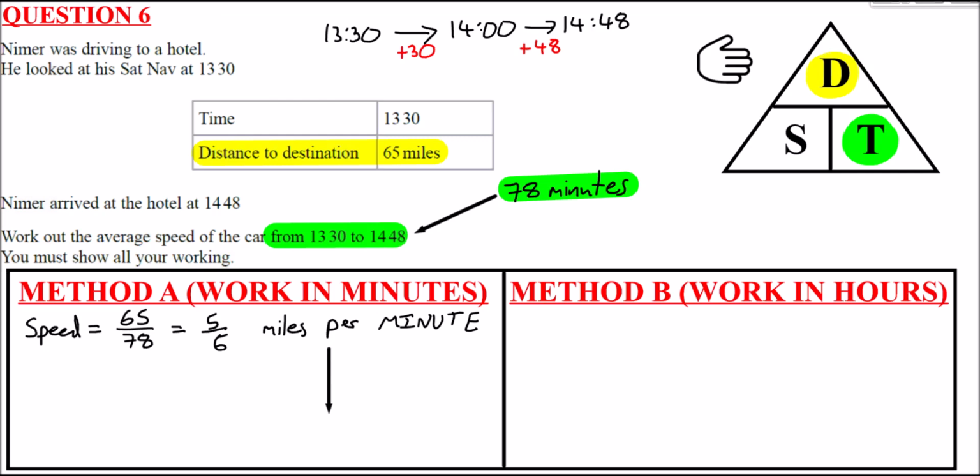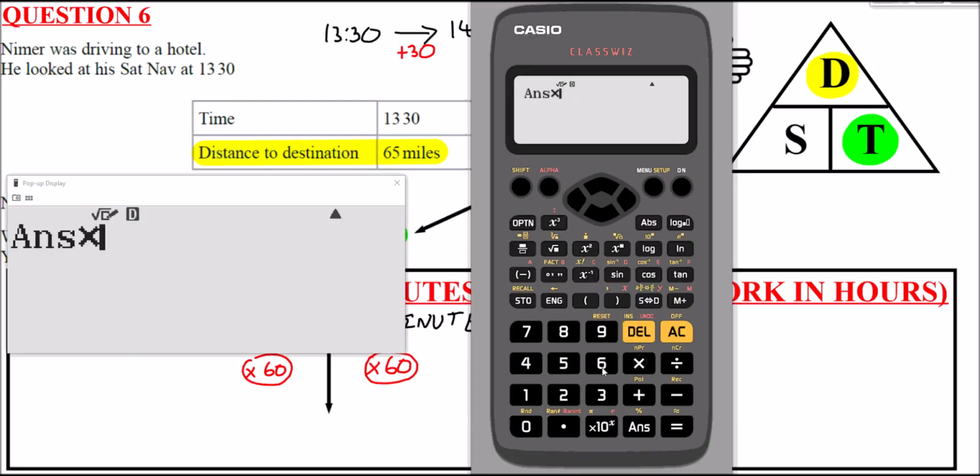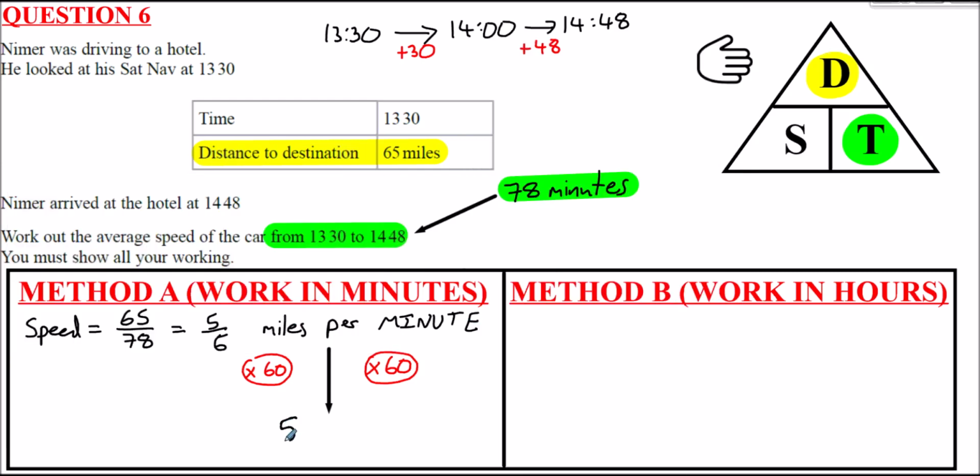So to change from miles per minute to miles per hour, all we need to do here is to multiply by 60. And that'll change from minutes to per hour. So 5/6 multiplied by 60 gives us 50. So this is an average speed of 50 miles per hour.